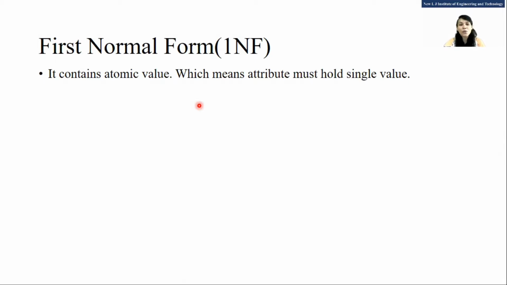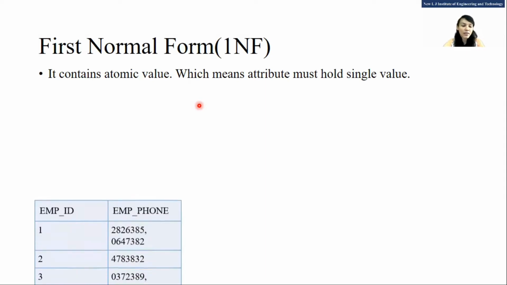Suppose a particular student can have more than one phone number. If I make a table with SID and phone number, and for SID 1 you give more than one phone number in a single cell, it is not an atomic value, because you are giving multiple values for that attribute. Then you can say that table is not in first normal form.